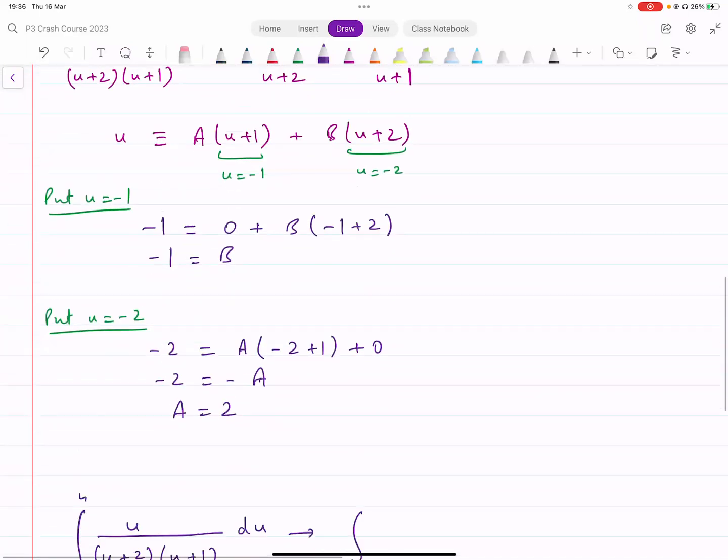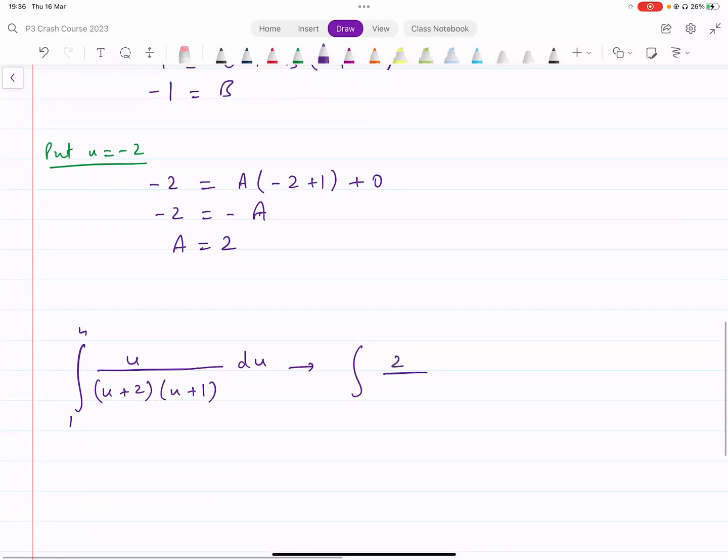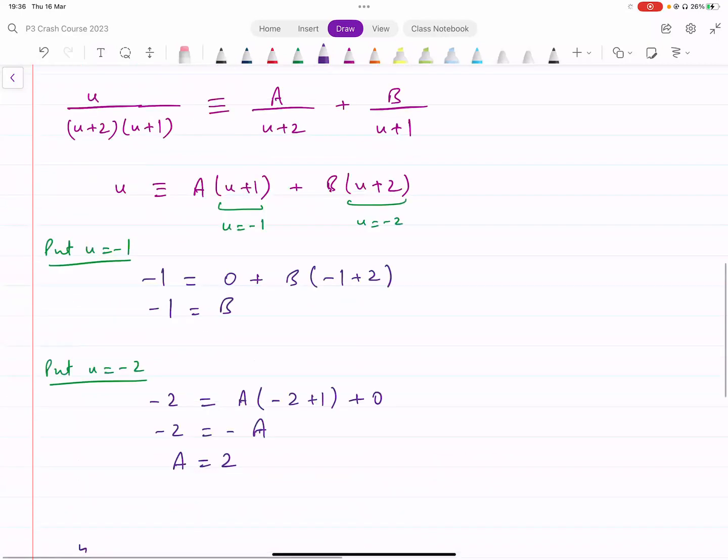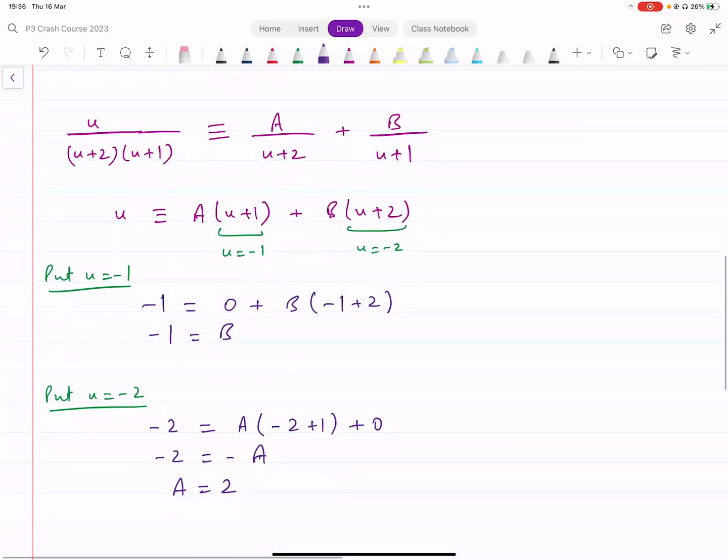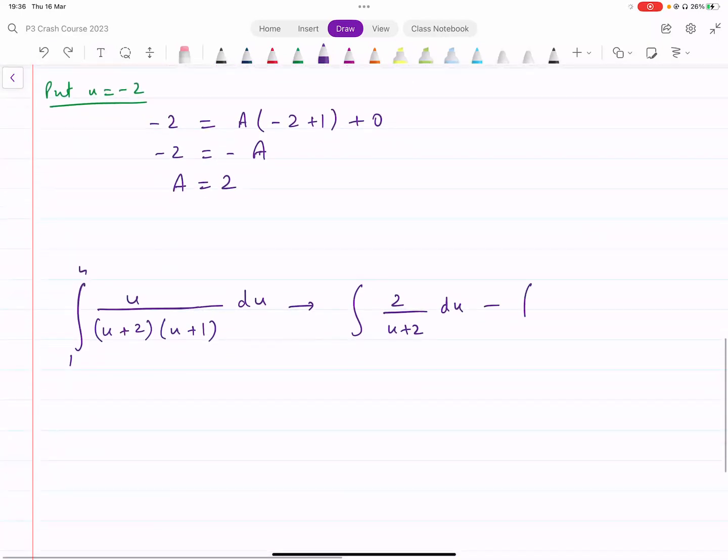One is a over u plus 2, which means 2 over u plus 2, integral of this with respect to u. And the second fraction is -1 over u plus 1. You could have minus outside, and then 1 over u plus 1 du. The limits for both of them are from 1 to 4.